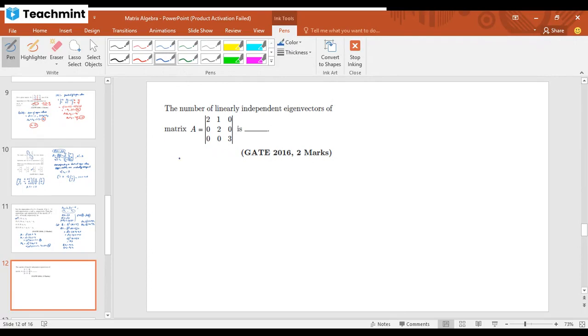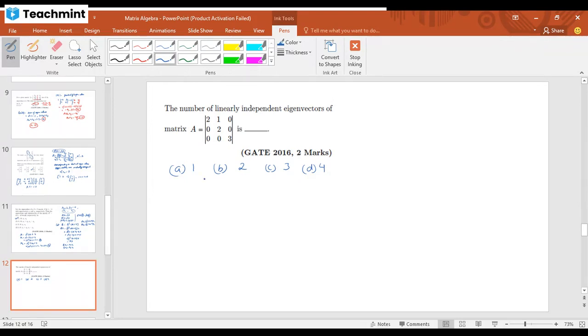If I ask you in MCQ type, the options may be: it has one, two, three, or four linearly independent eigenvectors. We know that if we have a matrix of order 3, it has at most 3 eigenvalues, and corresponding to each distinct eigenvalue, we have a linearly independent eigenvector.